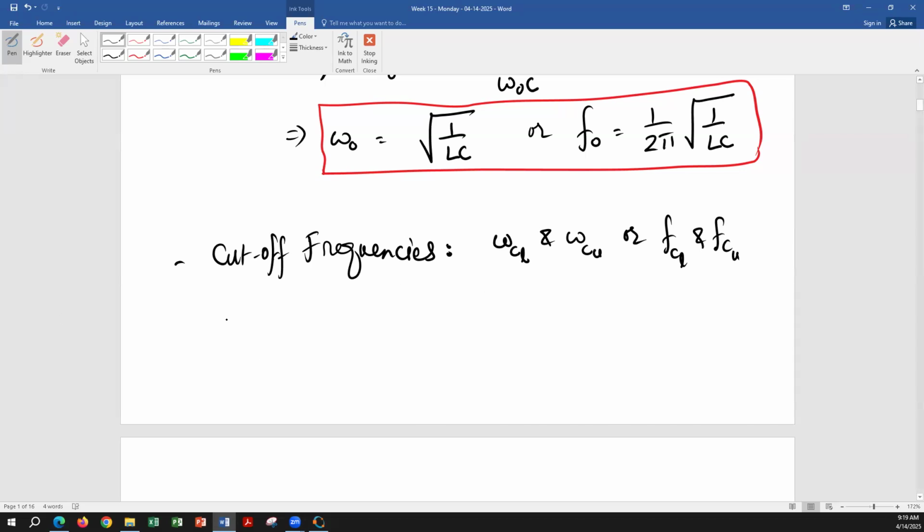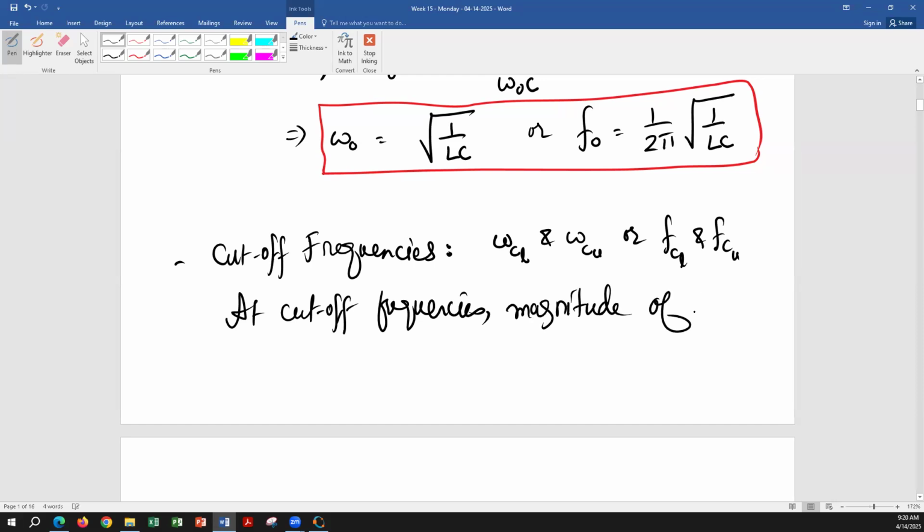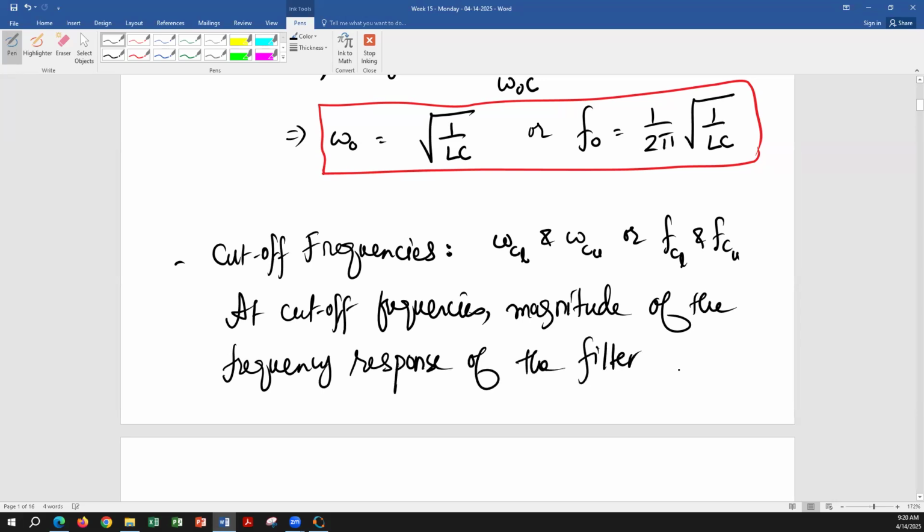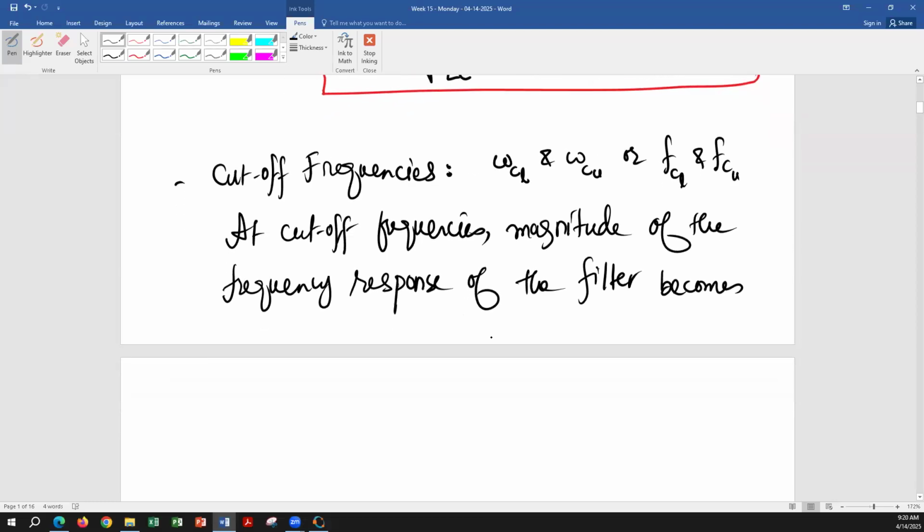Now we know that at cutoff frequencies, the magnitude of the frequency response of the filter... What is the magnitude of the frequency response of the filter at the cutoff frequency? 0.707 of the peak value, 1 over square root.